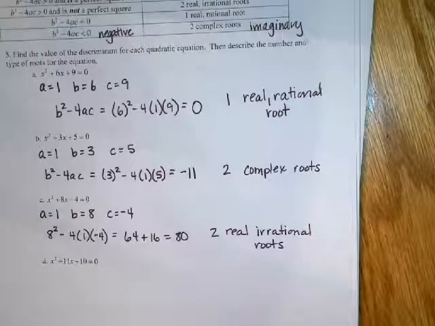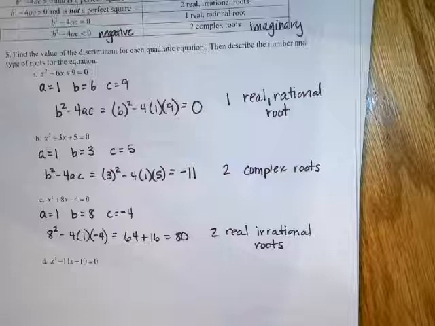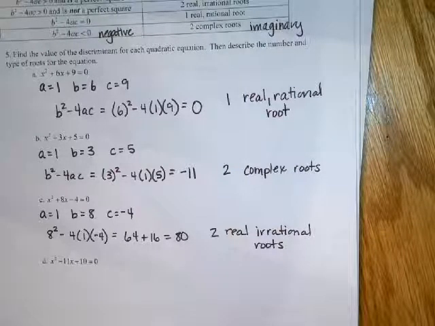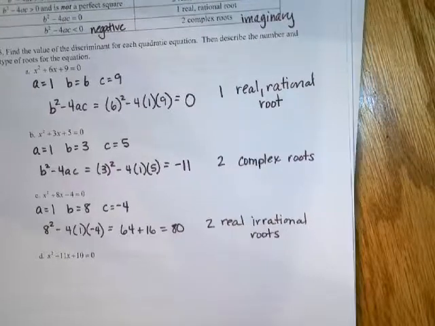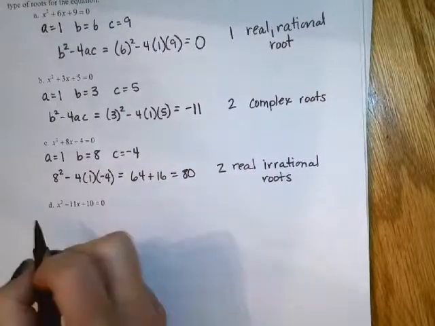All right, by process of elimination, this one should be nice and pretty. We should get 2 real rational roots. So hopefully you get something that's positive and a perfect square. So let's try it.